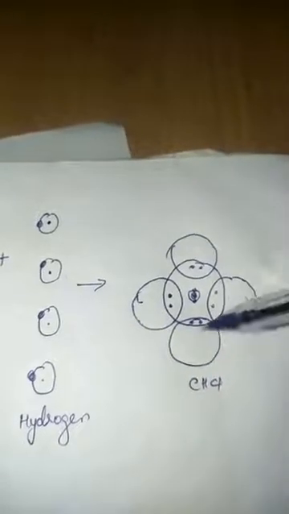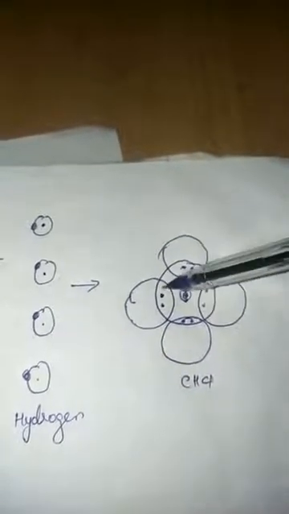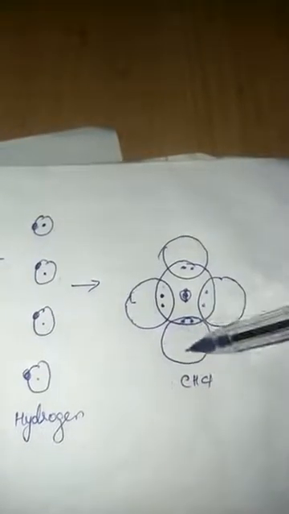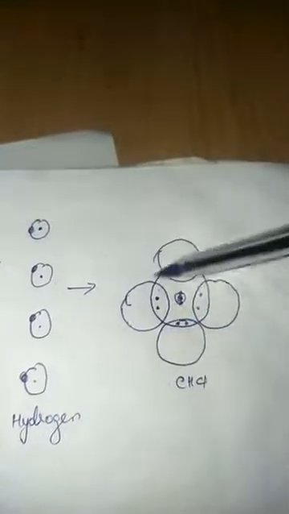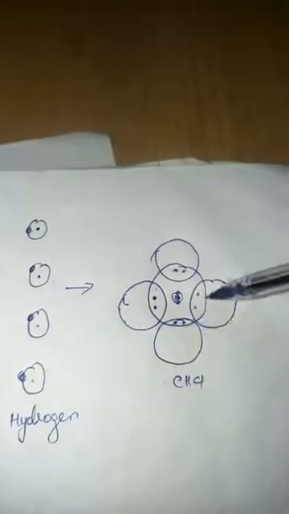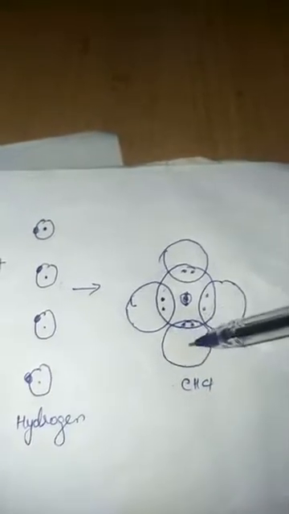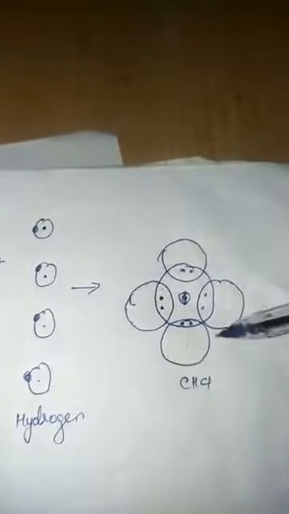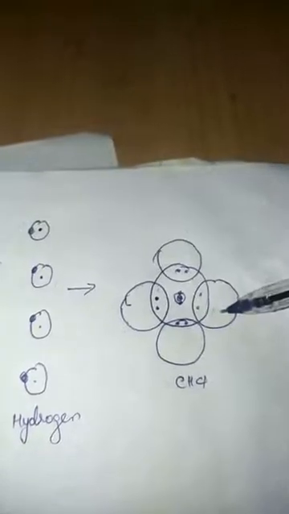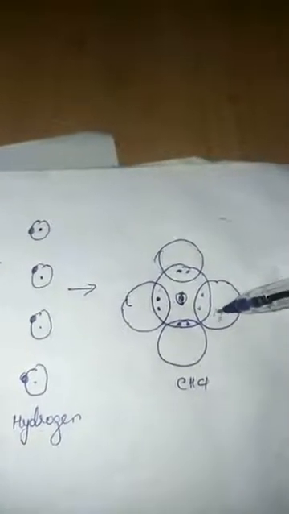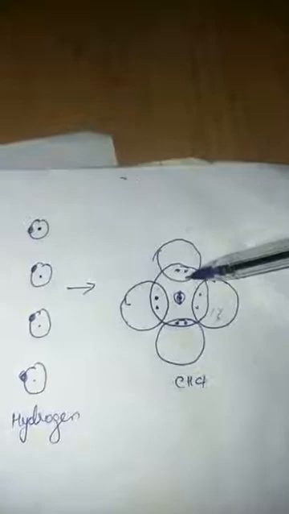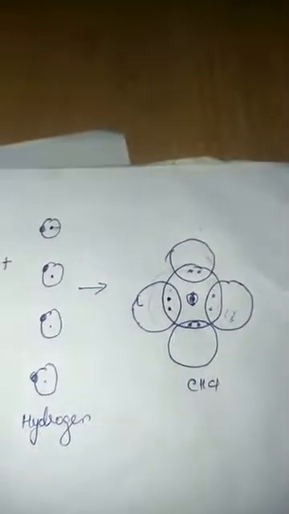Covalent bond. It is an example of multi-bond formation. Hydrogen has only one electron, so it has shared that one electron with the carbon so that they achieve 8 electrons in the outer shell.